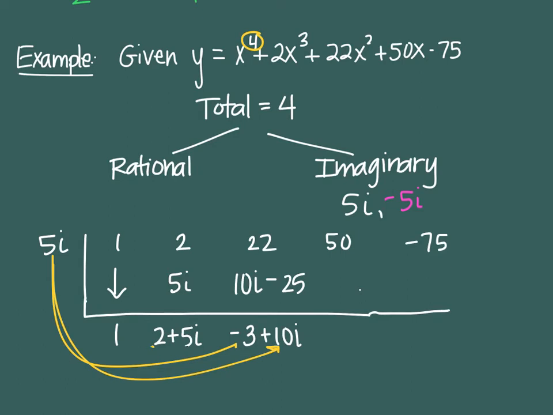I get negative 15i, and then 5 times 10 is 50. I squared makes it negative 50. Look what happens. I get 50 above negative 15i and negative 50. What cancels out? The 50s. What doesn't cancel out? The negative 15i.